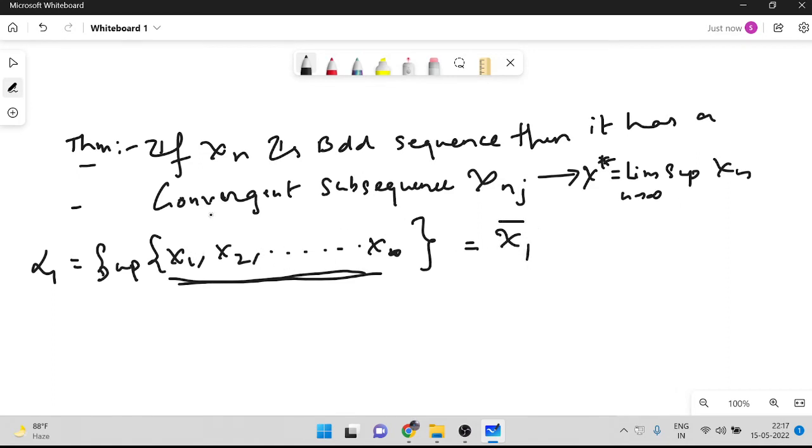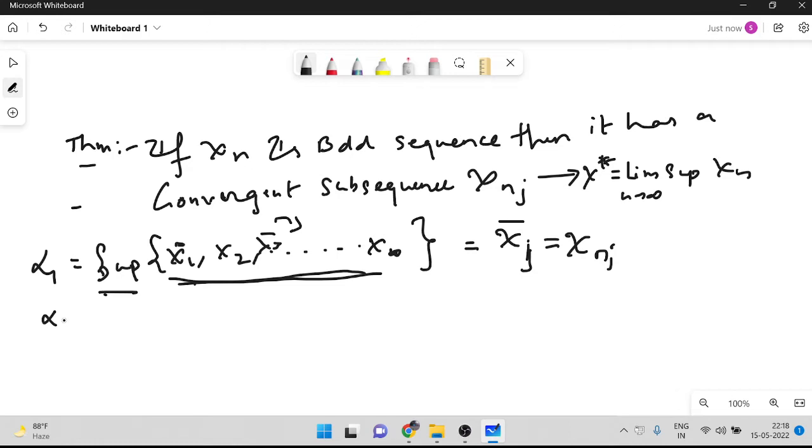See, if you compare these two numbers, choose whichever is the highest among them. Say it's x1, then you go to x3. You compare x1 and x3, choose which is higher. If x3 is higher, you choose this one, then you go to the next number and so on. So on, you pick out the largest number possible. So it is basically attained at some, say, x n j, some jth element, we call that x n j.